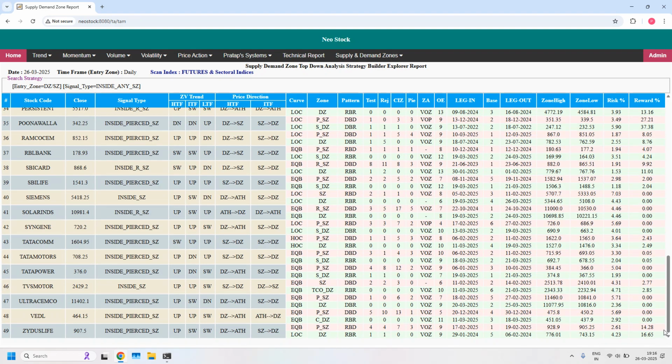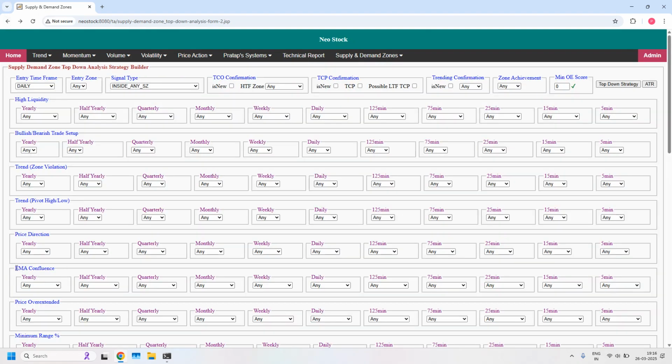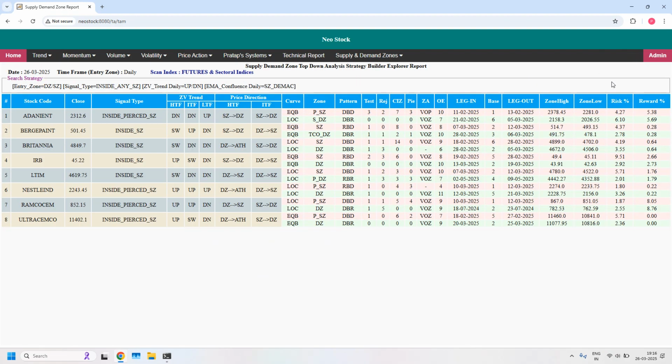We can further filter based on daily supply zones having daily EMA confluence, and also trend on the daily should not be sideways. So we got 8 stocks. Okay, this is about daily time frame.